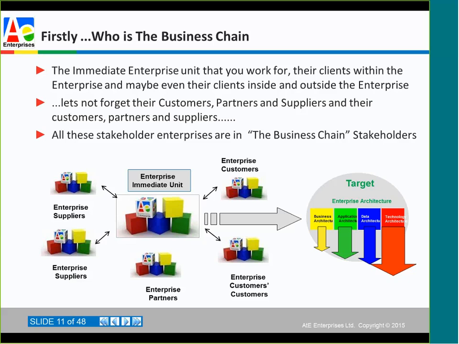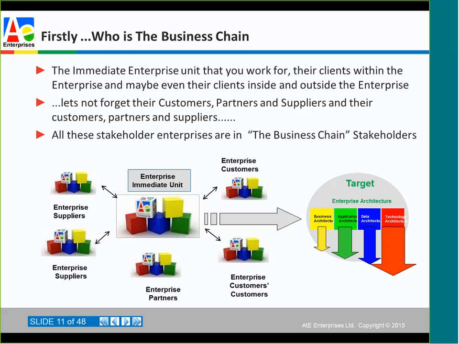So the customers will have customers, partners and suppliers who may also be affected by the new enterprise architecture in some way, usually by either added information or faster responses and so on. And so there becomes a dependency. This is why we call it the business chain.